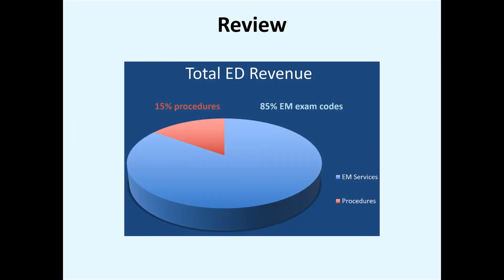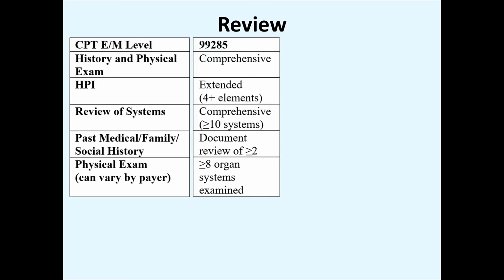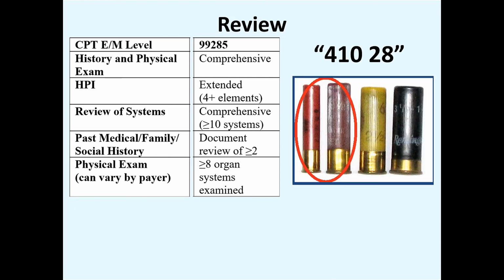Let's review. About 85% of your charges will come from the basic EM codes, 99281 through 99285. A comprehensive 99285 chart will require a minimum number of elements in the H&P. We can remember that as 4-10-28.